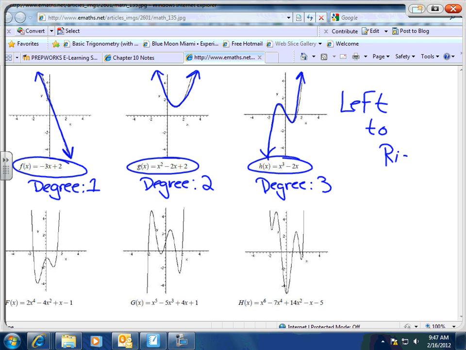Very good. Now, this guy over here is x to the fourth. If you notice, it's like a W, but look at the end behavior. Look at the end behavior when it's to the fourth power, and look at the end behavior when it's squared.